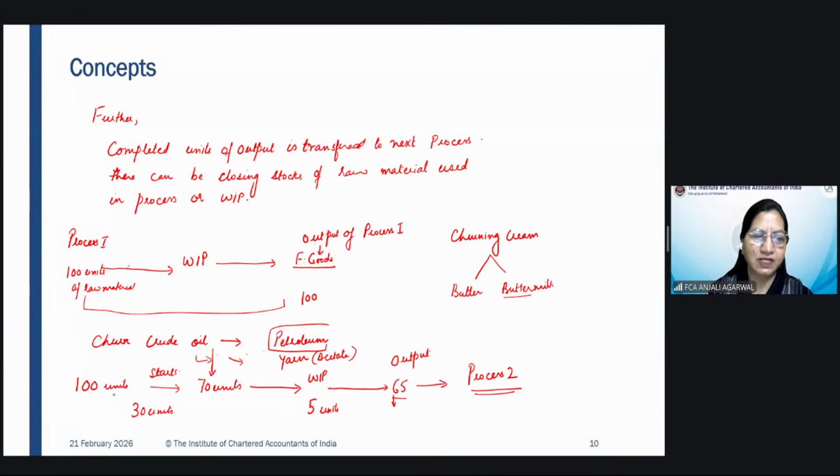Similarly, if it starts with 100 units but does not start working on all of them, and works only on 70 units, there is 30 units of raw material lying in process one itself as closing stock. But if the question says that out of 65 units, 60 units move to process 2, then we are going to have a closing stock of finished goods also.